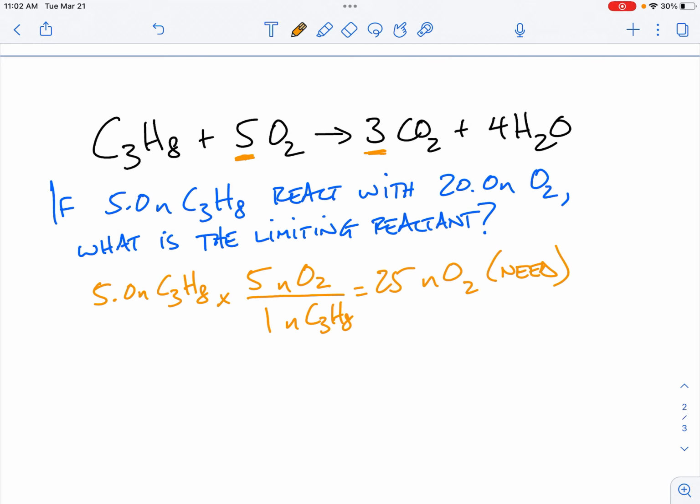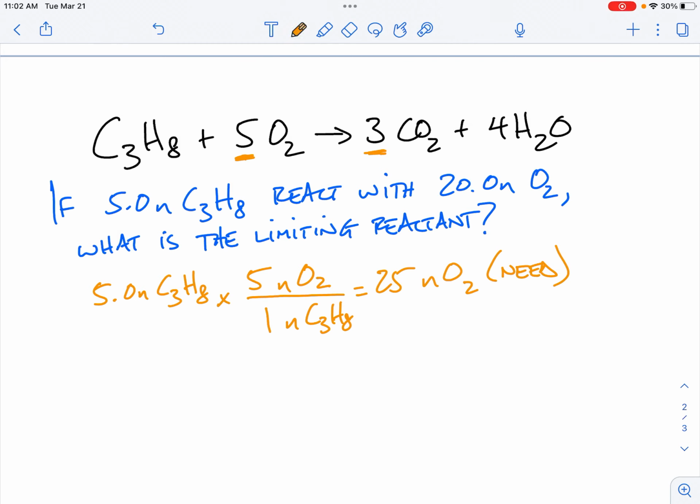So when we solve the problem like this, what we're saying is that I need 25 moles of O2, and then we're going to compare that to what we have. Well, we need more than we have, and because we have less than what we need, that identifies oxygen as the limiting reactant.